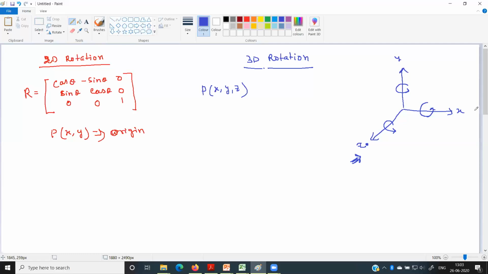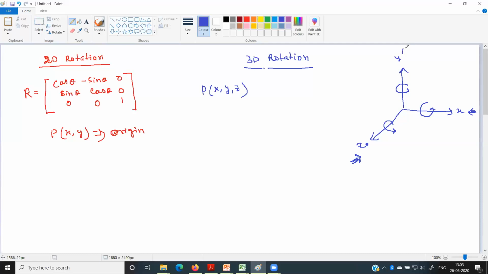Similarly, if your eye is along this x-axis, that means if you are observing the rotation of the object along the x-axis, then you can see the object will rotate along the YZ plane. While the object rotates along the YZ plane, the x coordinate will not change, only the values of the y and z coordinates will change.